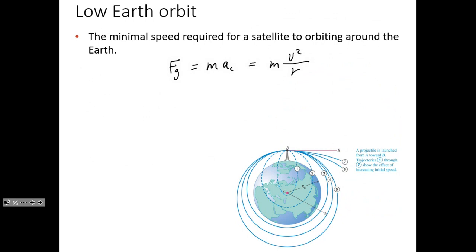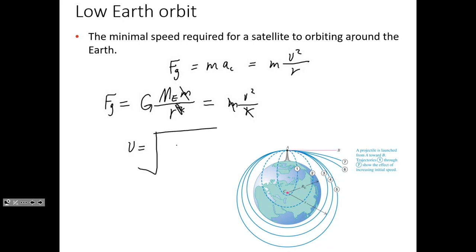The gravitational force, on the other hand, from Newton's law of gravity, is G, mass of Earth, mass of object, over the distance of the object to the center of Earth squared. This Fg has to equal m v squared over r, right? And we can see this m and m cancel on both sides. We solve for v. So how it works: M and m cancel, and this r would cancel one power of 2 here.